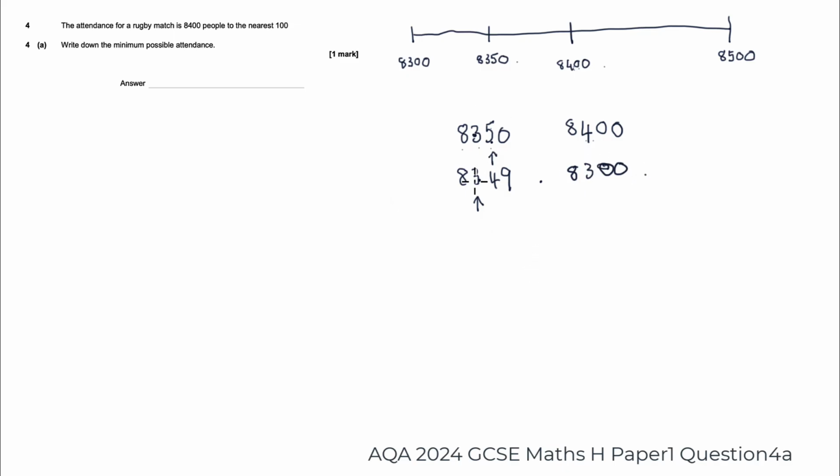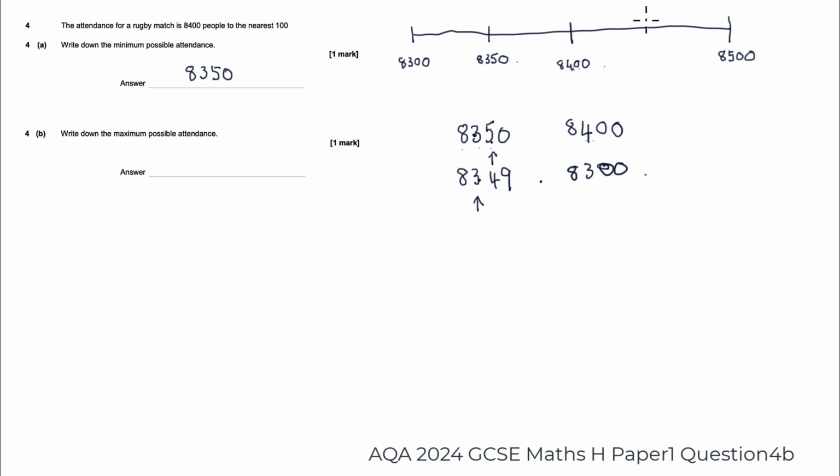So according to the rule that chopping a 5 off, that 3 goes up, then the least possible value is 8,350. Now in part 2 of this question we're asked similarly to write down the maximum possible attendance.